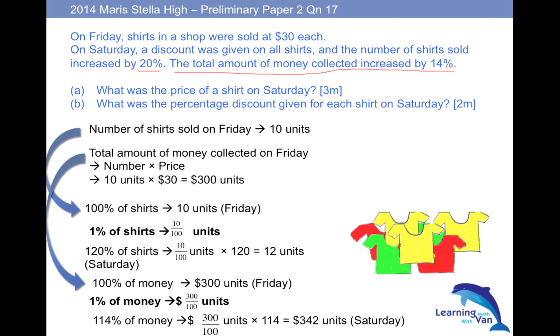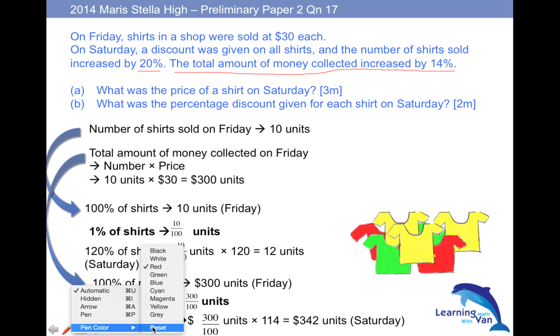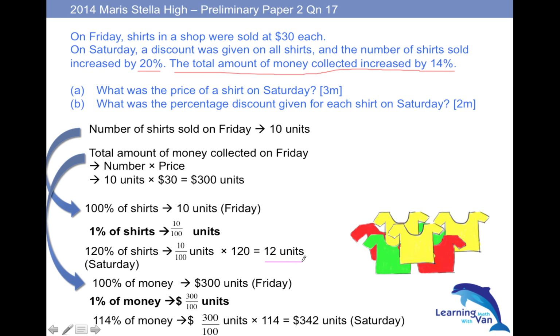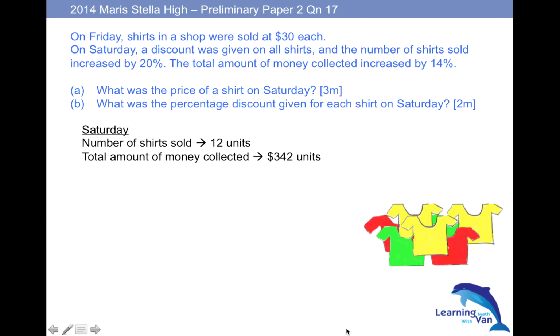Alright, so the next part, with these 2 pieces of information, this 12 units and 342 units dollars, we'll be able to know the price of the shirt on Saturday, right?